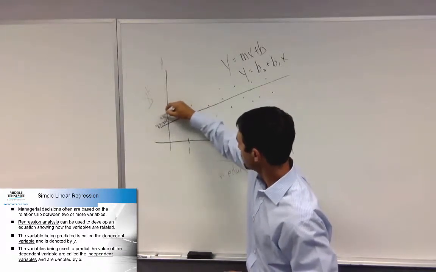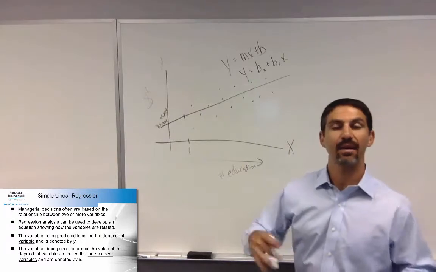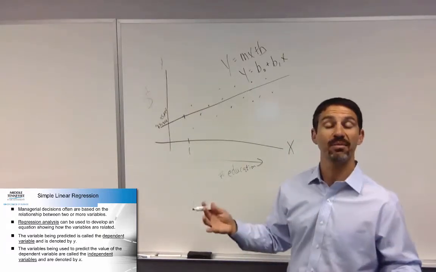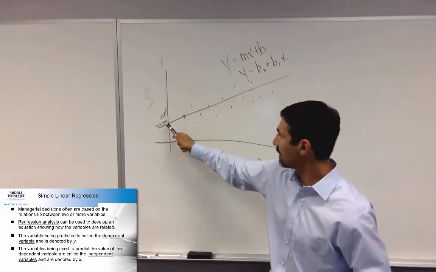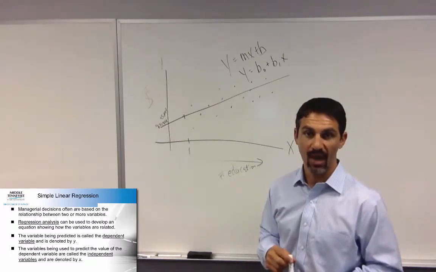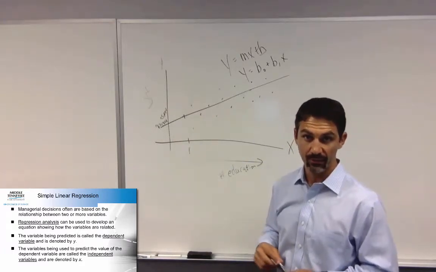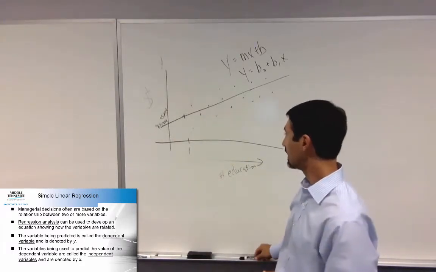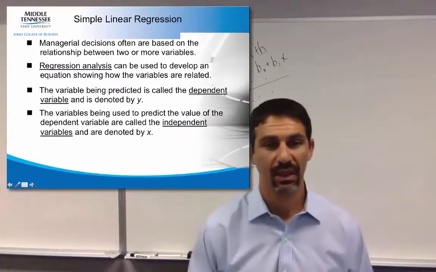And at that point is $25,000. What does that mean? That means that for every year of education, I hope to make $5,000 more. And of course, we know that when it crosses the y-intercept, that's what it means if you have 0 education. You'd be making $20,000 according to that example. So that's what regression really refers to.